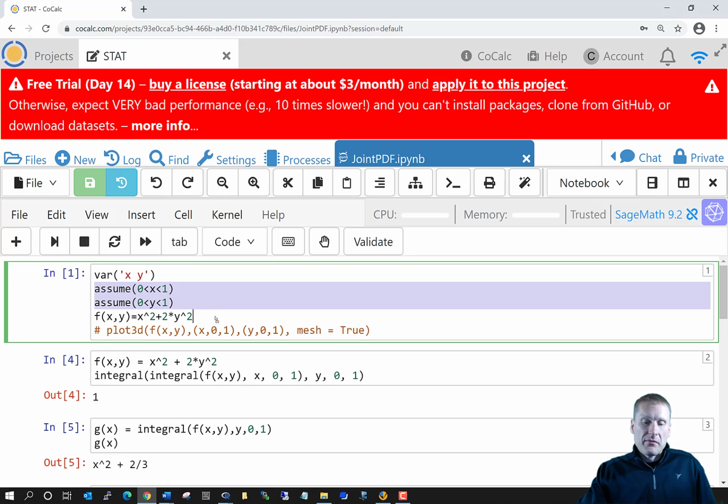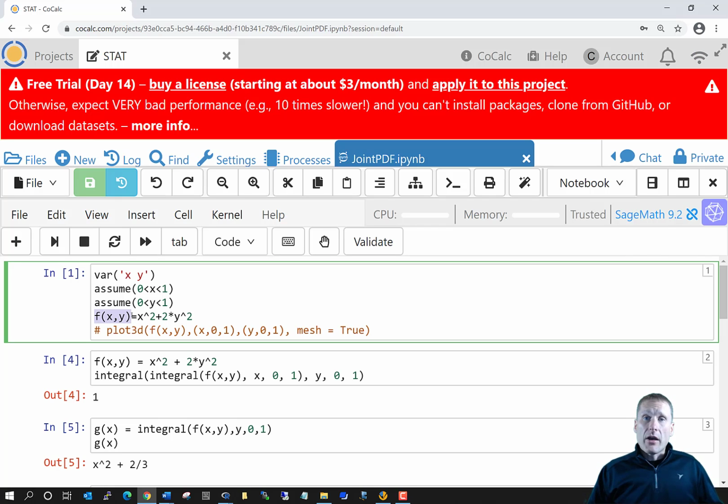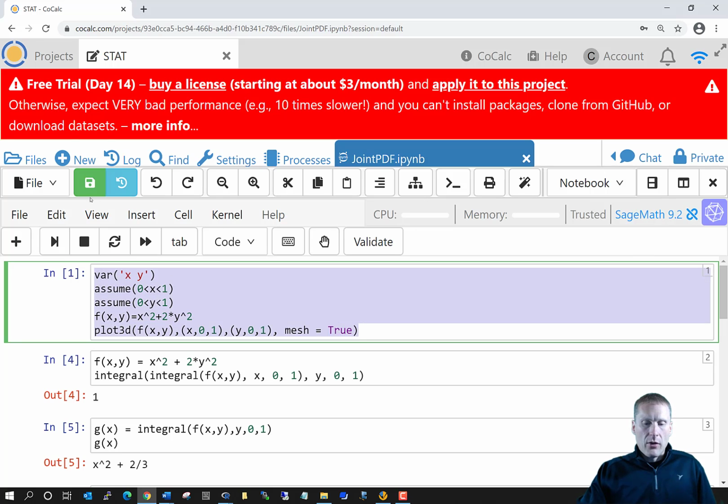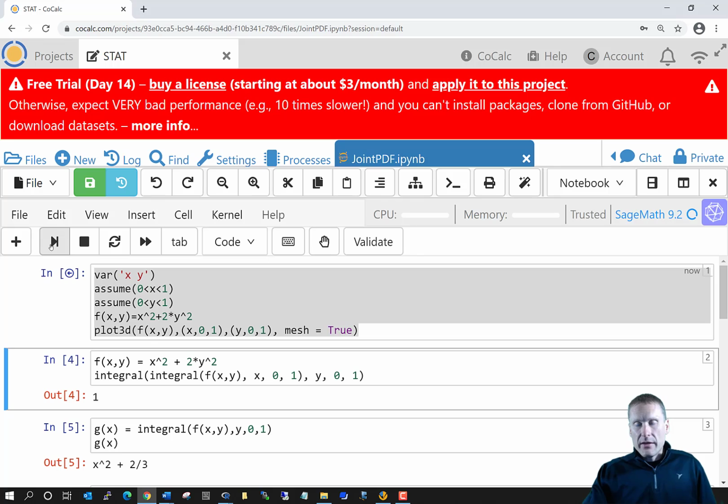And then I simply type in f of x, y, as you might expect. Sage recognizes that x and y are variables inside this function by using this kind of syntax. If I remove that comment and run the whole thing, Plot3D does the three-dimensional plot of f of x, y.